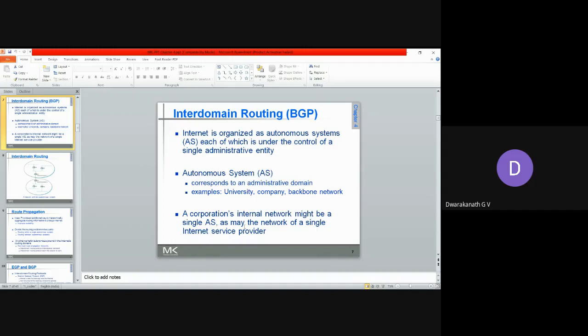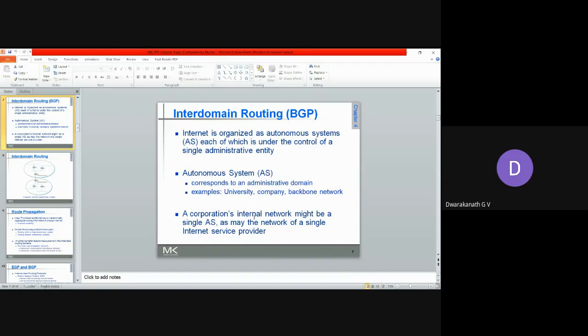So a corporation's internal network might be a single AS, as may the network of a single internet service provider. That is, if they are getting directly from a backbone, assume big companies like Microsoft, HP, Infosys, Wipro.